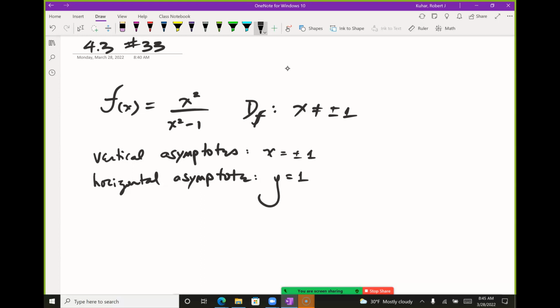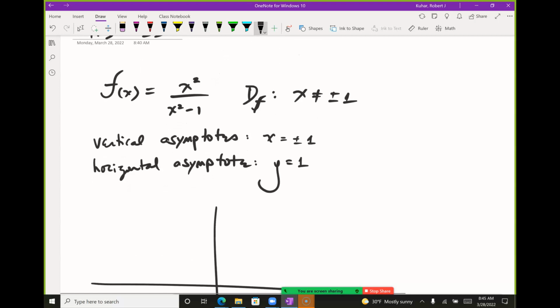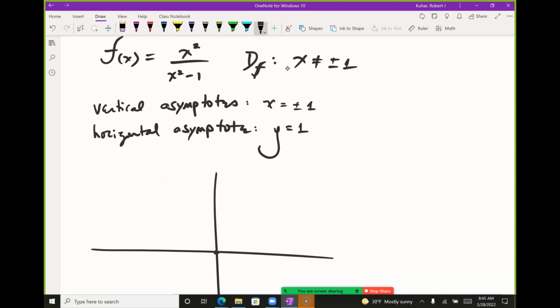The way I taught my students is to look at the ratio of the leading coefficients, right? So if they're of the same power, I get x squared over x squared, so that's 1. Or you could do long division. So I get a pretty good picture of this graph to begin with. I also have an intercept of 0, 0.